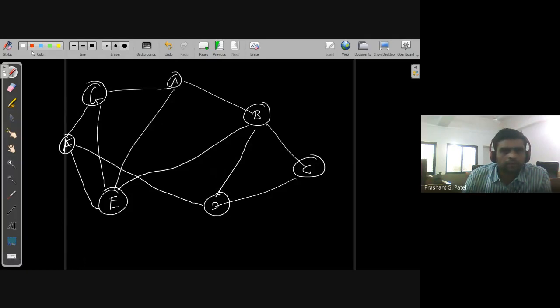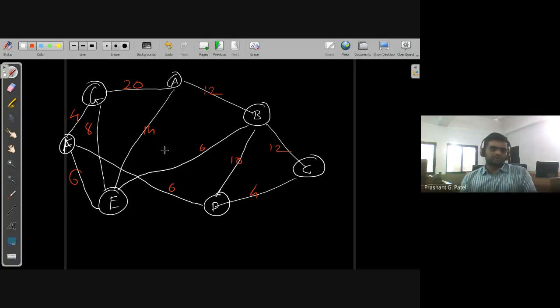And we have given weights which will be 20, 12, 12, 10, 6, 4, 6, 6, 4, 8, 40.